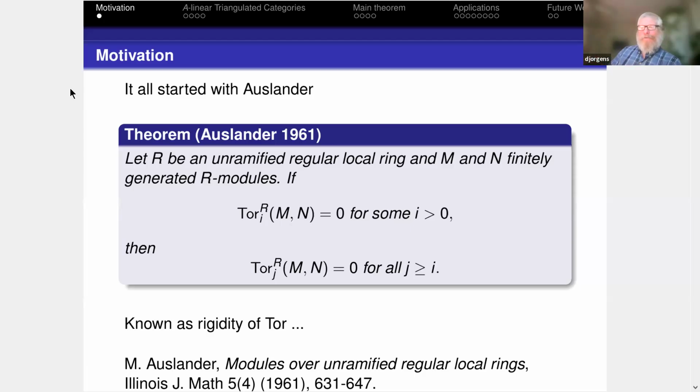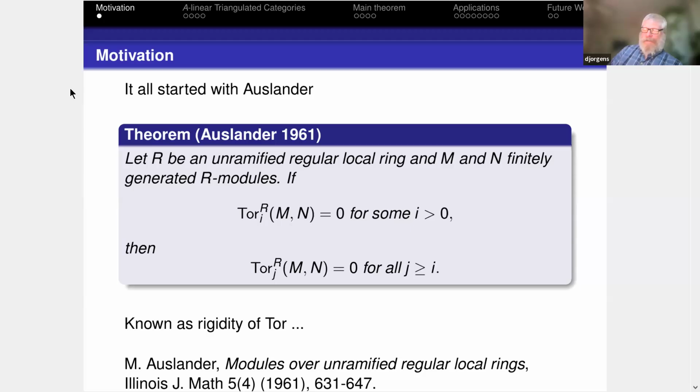Okay, so anyway, you could still look at hypersurfaces. You could still say something about rigidity or vanishing of Tor over hypersurfaces, and more generally over complete intersections.